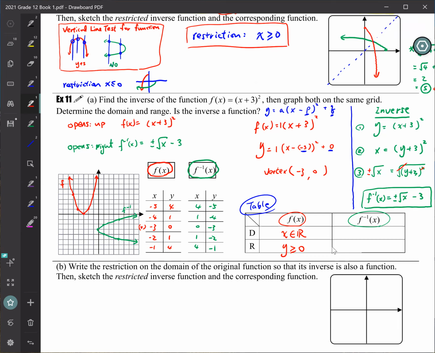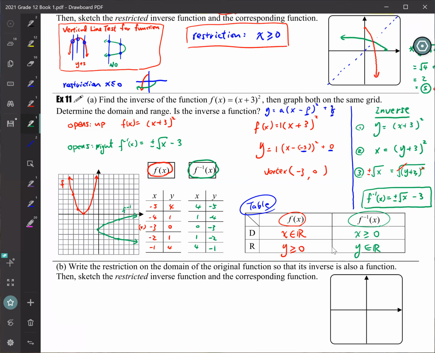And Lily, what do you think the domain range for the inverse then? Domain is X is greater or equal to 0. Yeah, and then range? Is all real numbers. Yeah, okay, very good. Okay, you just reverse the domain range of the original, but still keep the X and Y at the same place.